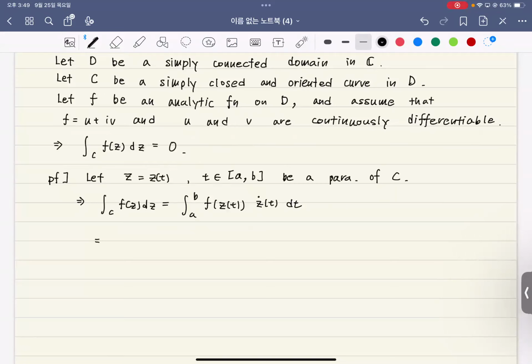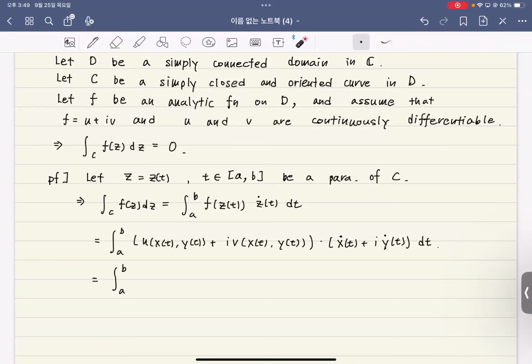Now I will expand this expression a little bit. u(x(t), y(t)) plus i times v(x(t), y(t)), where x(t), y(t) means just the parametrization z(t), times x dot(t) plus i times y dot(t) dt.